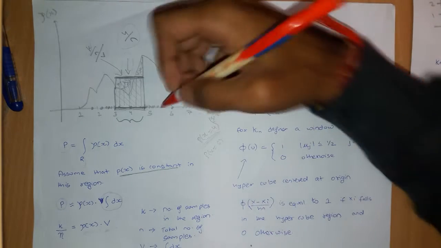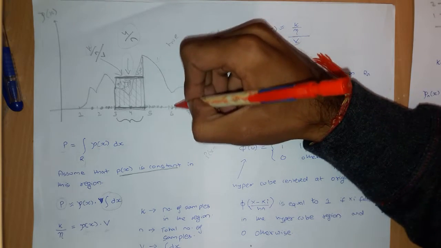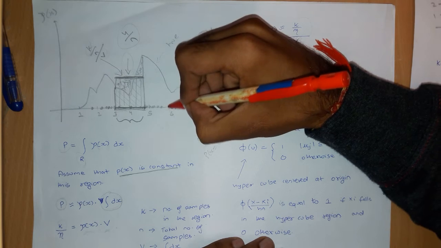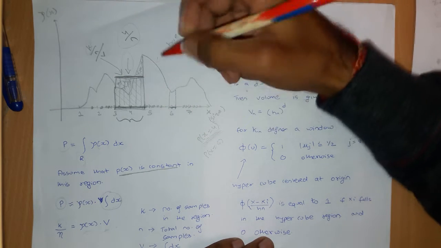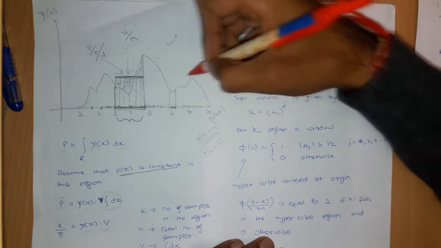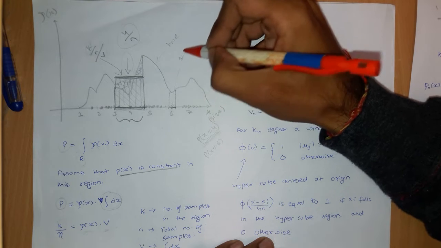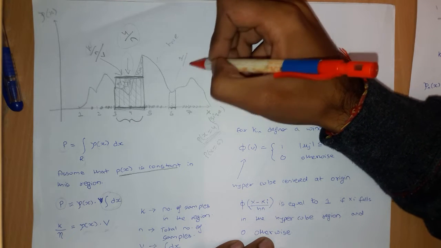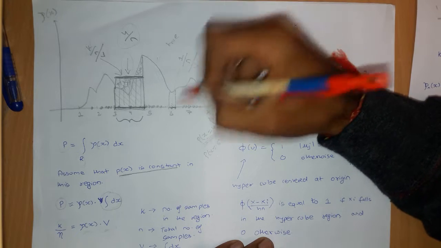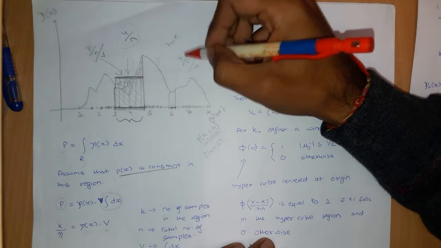I am taking this small region, and this is the true probability distribution that we saw, but I can see there is only one sample over here. So the k value is 1 upon the total number of samples n upon the volume of this region.